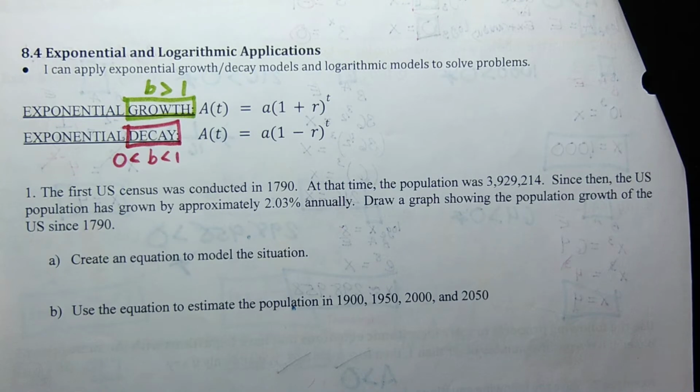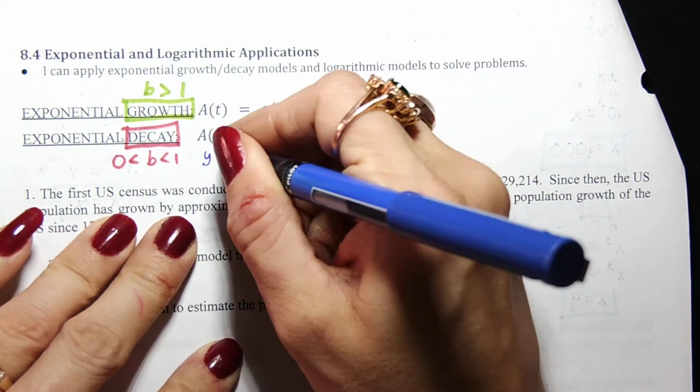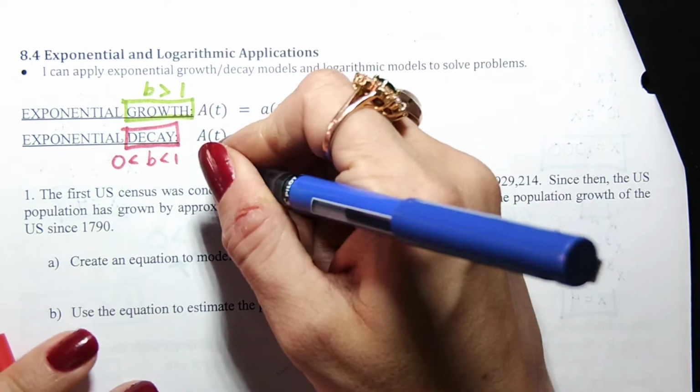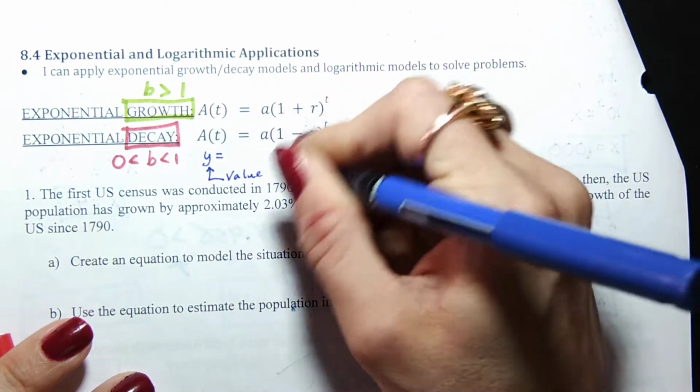For the left side of the equation, we have A of t, but you can just use y. So A of t or y. And what that represents is just the value after time t.